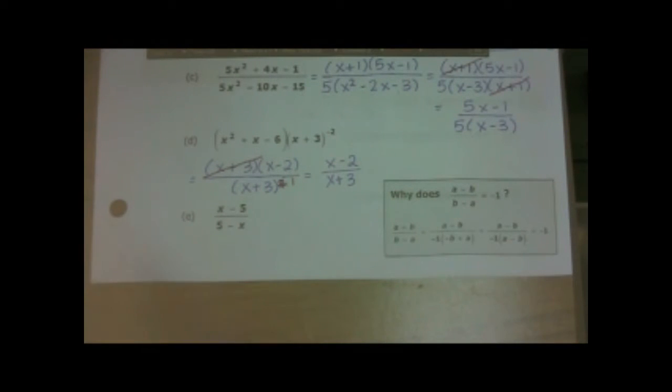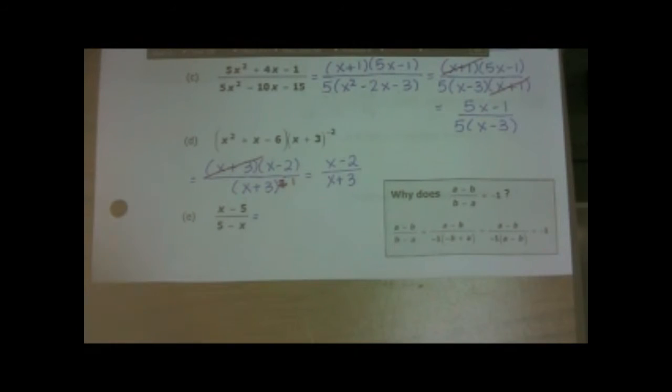Now, E is one that I'd like you to remember. It's a pattern I want you to remember, and that's when you have the same two numbers, both subtracted. This does not cancel to 1 because these are not the same. Actually, the top and the bottom are opposites. Here's how we simplify this. On one of them, either the top or the bottom, we're going to factor out a negative 1.